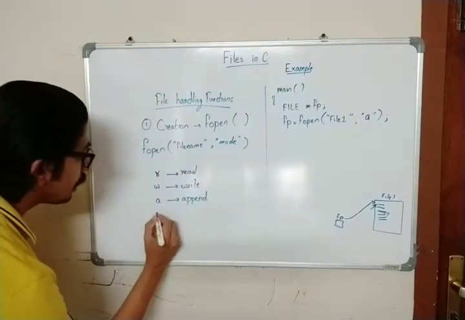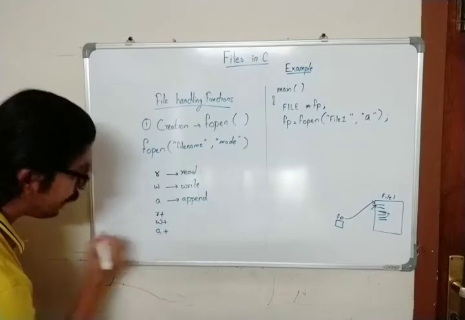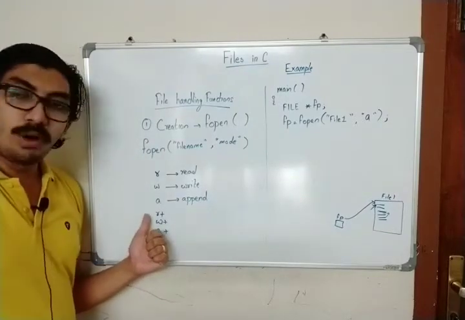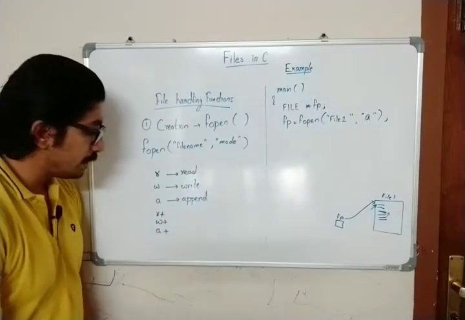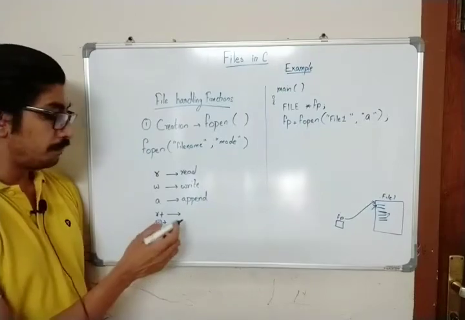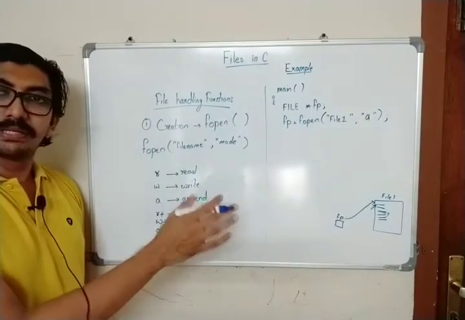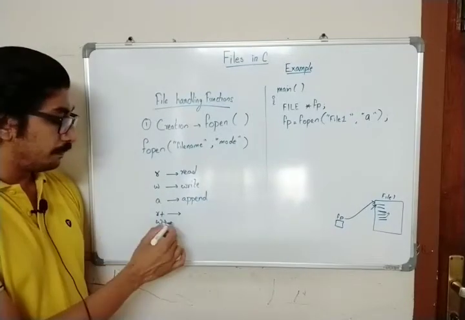Now similarly, there are some modifications with R plus, W plus and A plus. R plus is opening a file in read mode, but with this you can also do a write operation. So reading and writing is possible. Here also, if the file is present, it will return the pointer. If the file is not present, it will return a null.